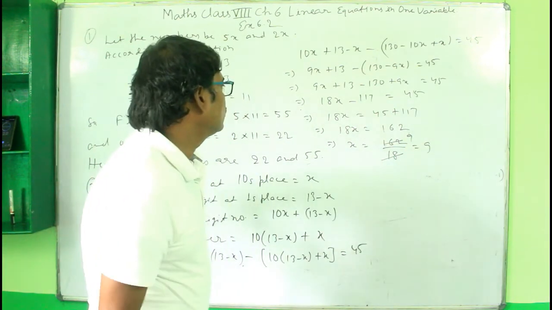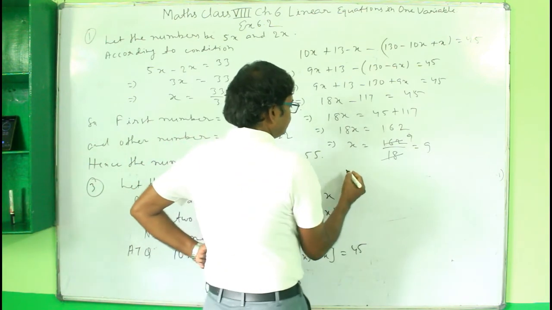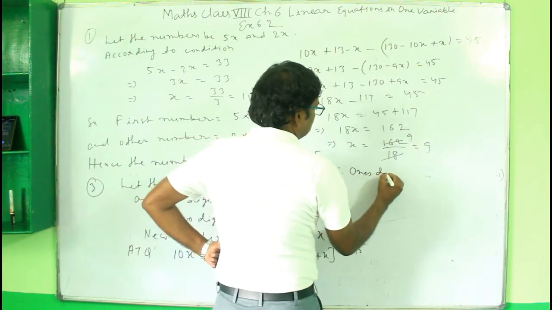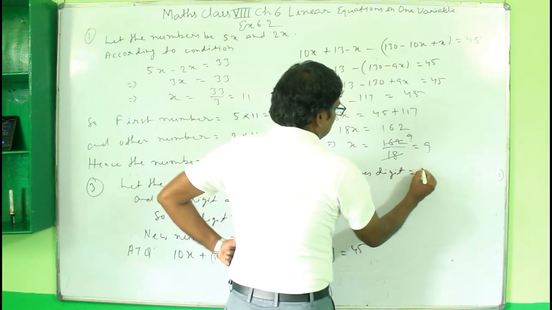So here x equal to 9, and therefore you can write here that tens digit equal to 9.